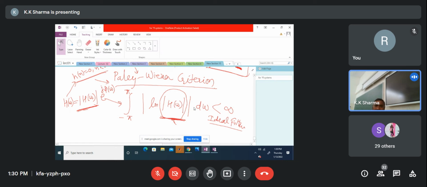What I am saying is that H(omega) cannot be 0 over an interval, because if it is 0 over an interval, this multiplied by d omega will become infinite. But if it is 0 at only a single frequency, that is allowed, because d omega will become 0 in that case. So even if this is infinite, d omega will become 0. So I am saying a very important thing.